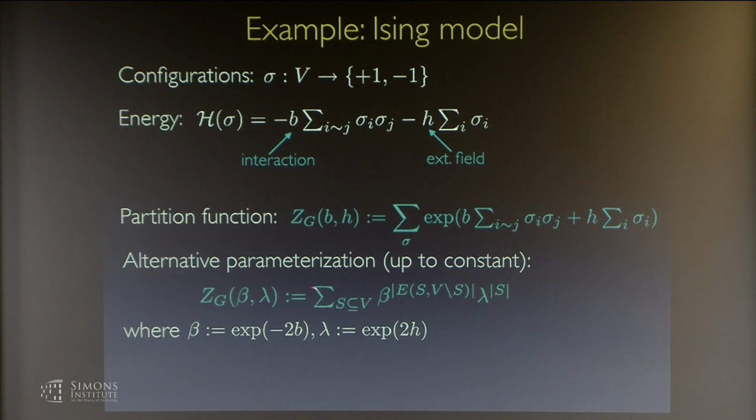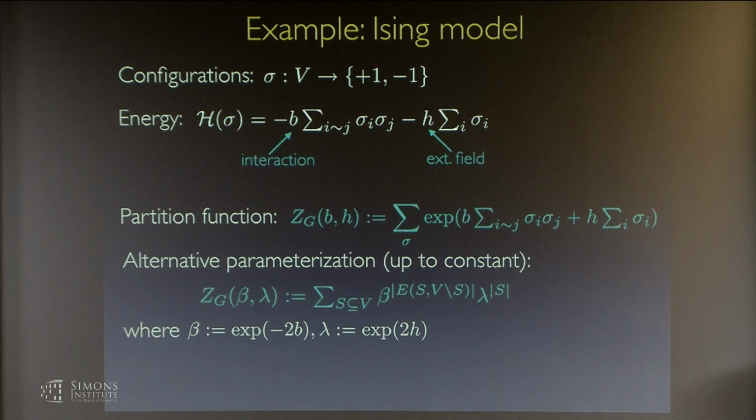There's an easily computable factor at the front here that just depends on the number of edges and the number of vertices. But basically, you're going to get a contribution of a factor of beta for every cut edge, every edge that connects a plus vertex to a minus vertex. And you're also going to get a factor of lambda for every plus vertex in the graph.